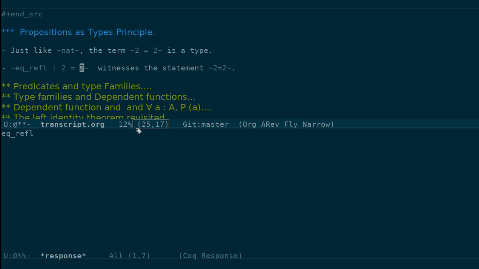Just like I say foo of type nat, I define foo of type nat by giving a nat element. Similarly, I can prove the statement 2 equal to 2 by giving a witness, which is a term, in this case eq_refl. eq_refl is a term of that type, and this witnesses the fact for you that 2 is actually 2.